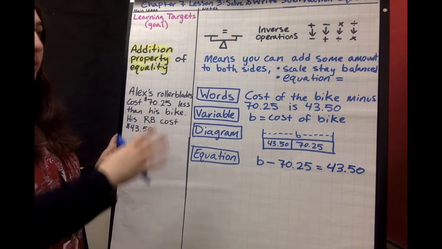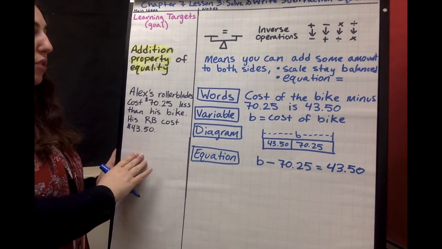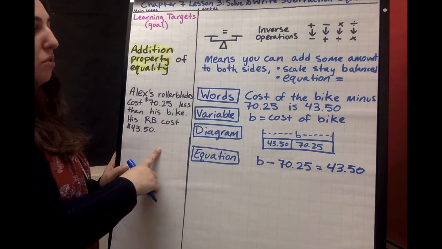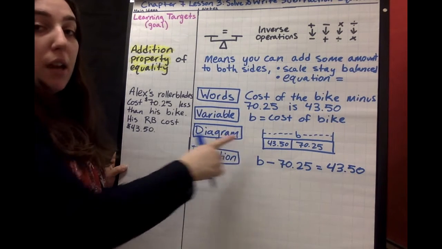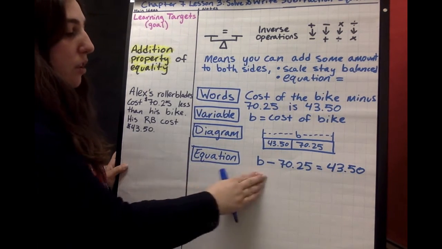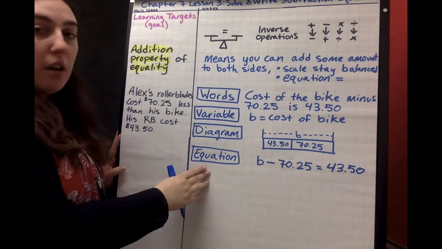All right, so we followed this process. So every time you get a situation, write down the words, what you understand from the situation. Define your variable, draw a diagram if you need to, and also write down the equation, the most important part. This is one of our learning targets.